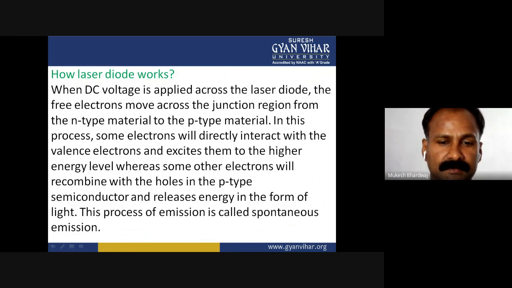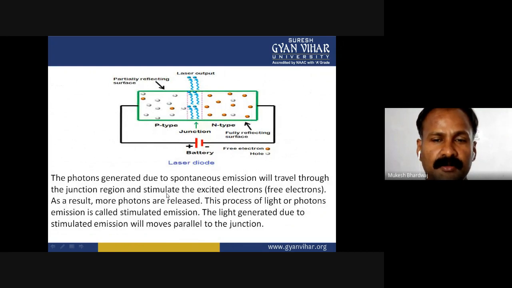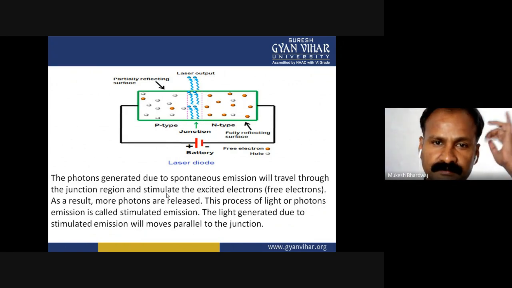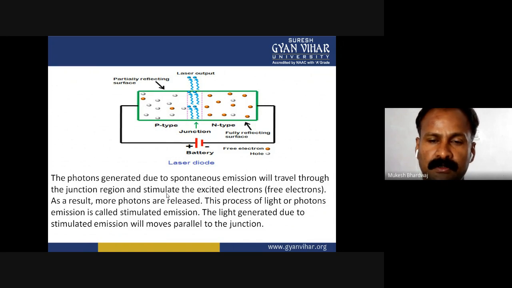Next, this is the pictorial or diagrammatic representation of a laser diode. As you see, the p-type and n-type semiconductors are made of different constructing material than the normal p-n junction diode, and the positive terminal is applied to the p-type, that is the forward biasing.